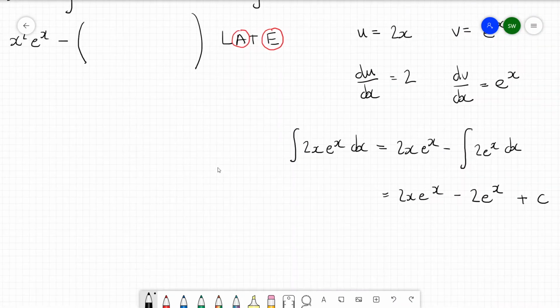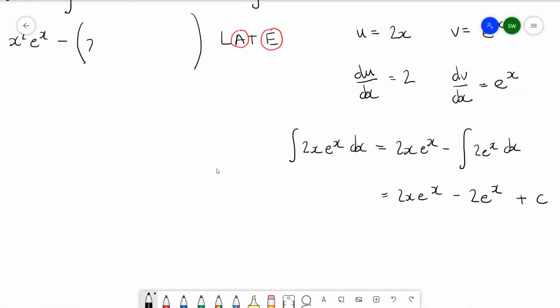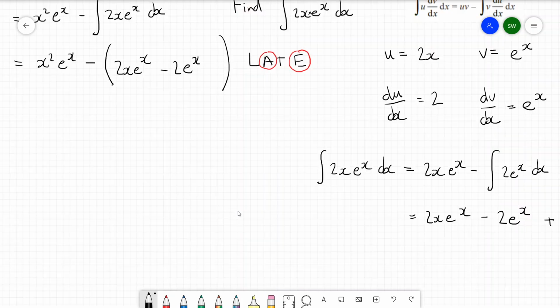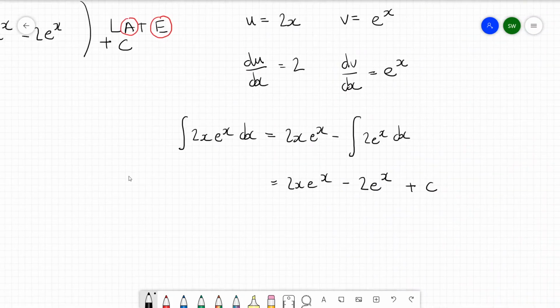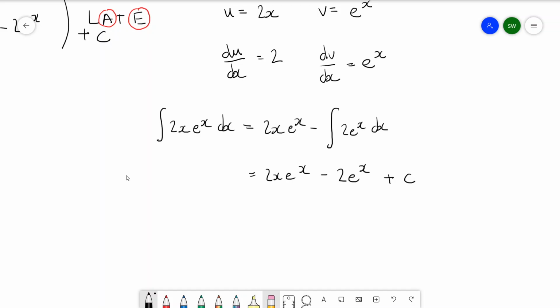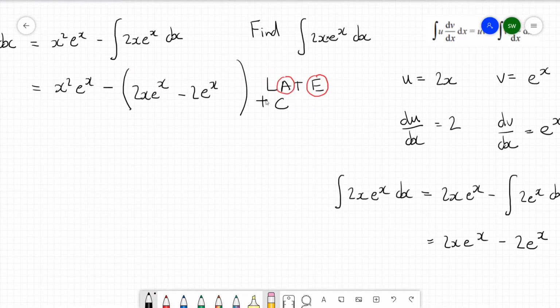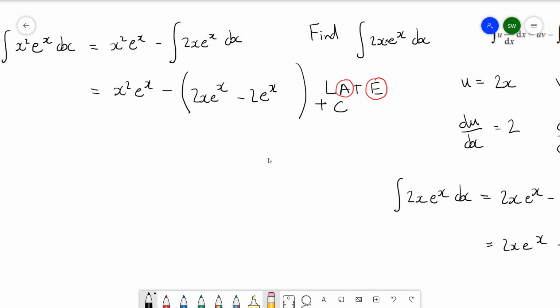We found that that integral is 2x e to the x minus 2 e to the x. You could put the plus c on the inside of this bracket, but you could just put a plus c at the end, which is what I'd recommend. So don't worry about the plus c when you do this integral. You can just put a plus c at the end of your answer.